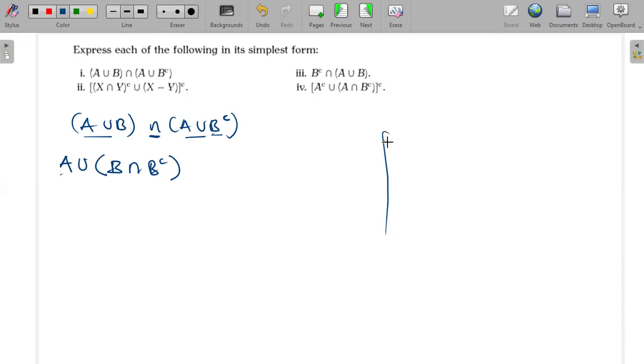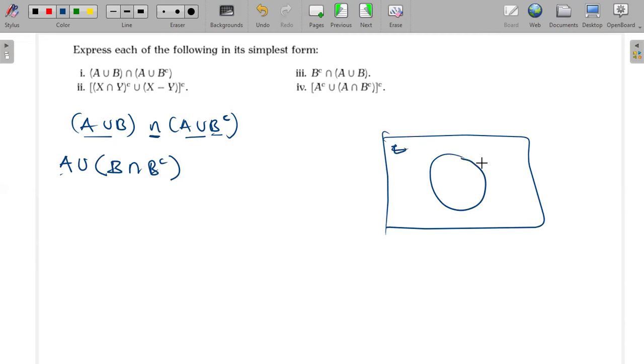So if I draw my Venn diagram, this is my universal set, and I have the set B. So the set B is here. B complement is everything outside there. So now, what elements are going to be common? There will not be any elements common between B and B complement.